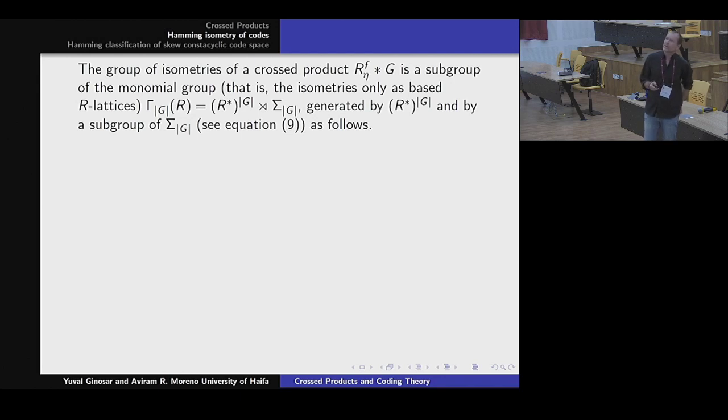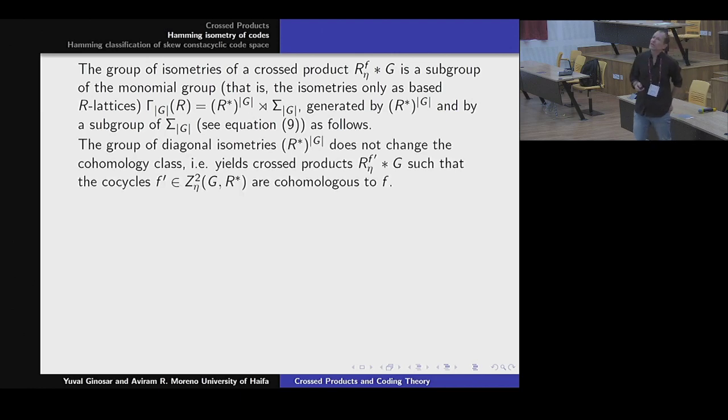This is the wreath product, or the semi-direct product, of R* to the power of the order of G with the symmetric group of size |G|, generated by R* to the power of the order of G and by a subgroup of the symmetric group, as follows.